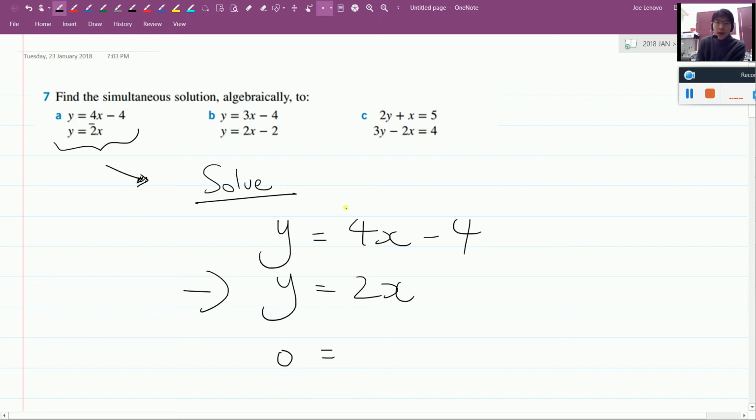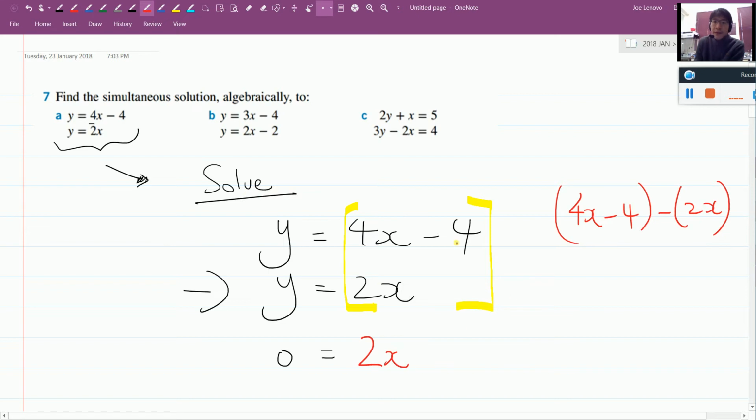At the same time, on the right hand side, 4x minus 4 take away 2x. Then you'll realize 4x minus 2x, we've got 2x left, and minus 4 minus 0 is minus 4.